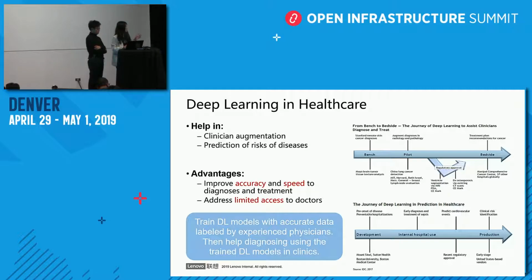Although diagnosis using deep learning is at a very early stage, it has recently received regulatory approval in some countries. This all shows that deep learning can play a key role in the near future, from improving the timeliness and accuracy of diagnosis to helping address the problem of doctor shortages.